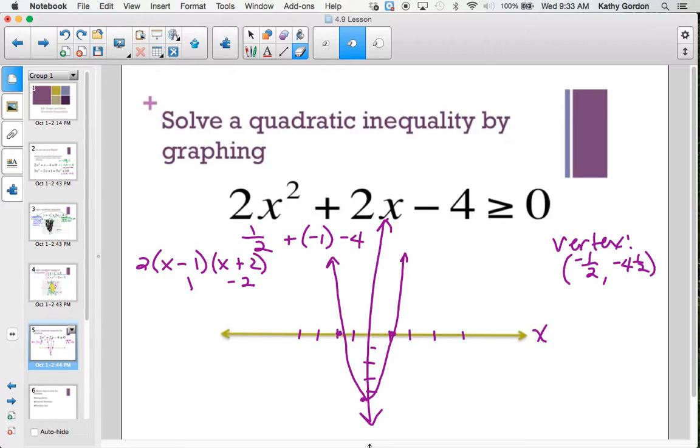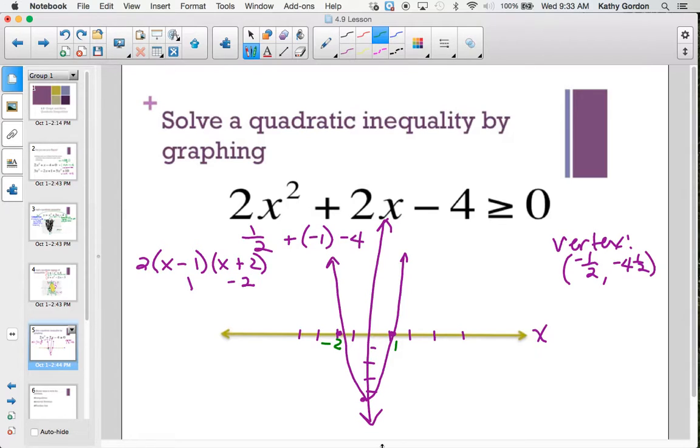X is usually what we put in, and y is usually the answer that we get. So what I want to know is, when do I get an answer that actually is 0? On the x-axis, right? At my x-intercepts. So at negative 2 and at positive 1, I get answers that actually are 0.